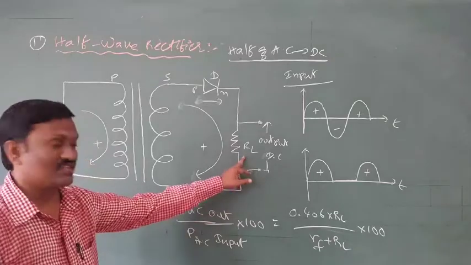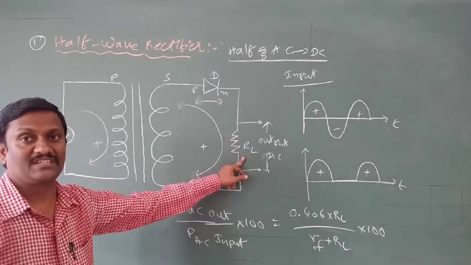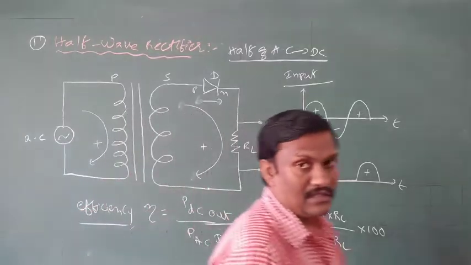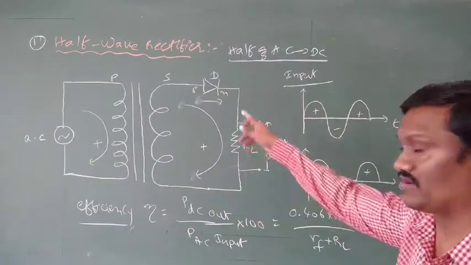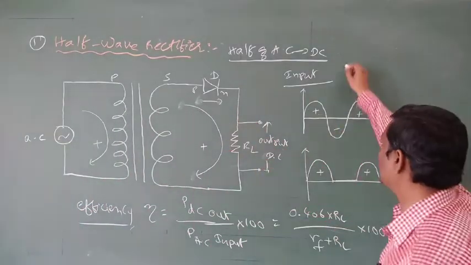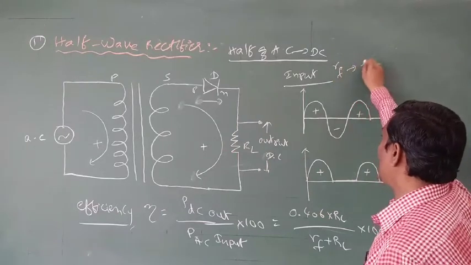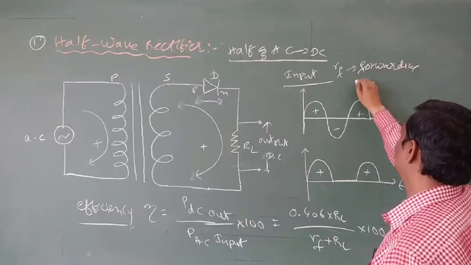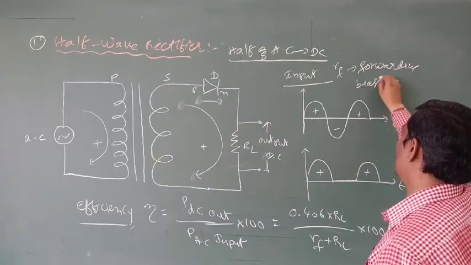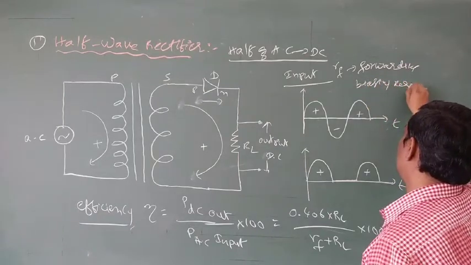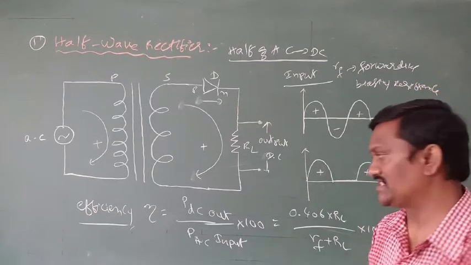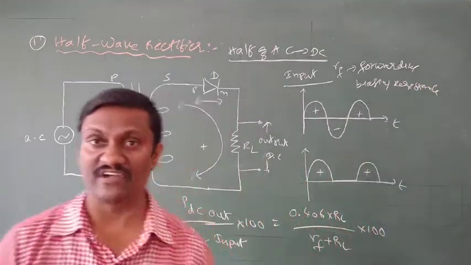RL means the load resistance, and RF means the forward biasing resistance of the diode. So that is the expression for a half wave rectifier.